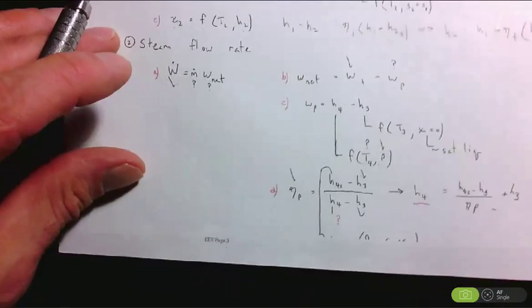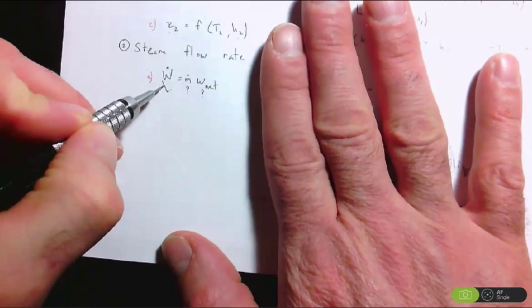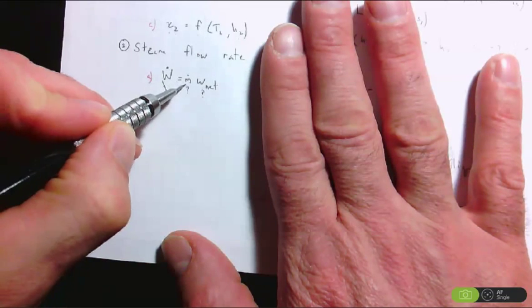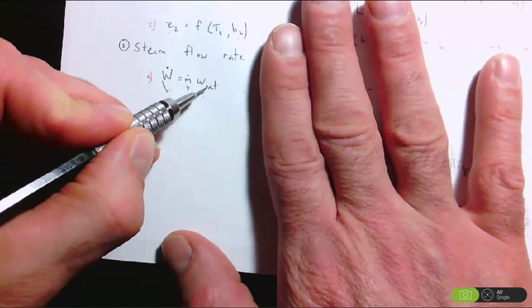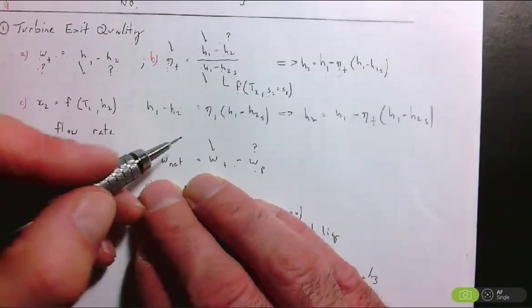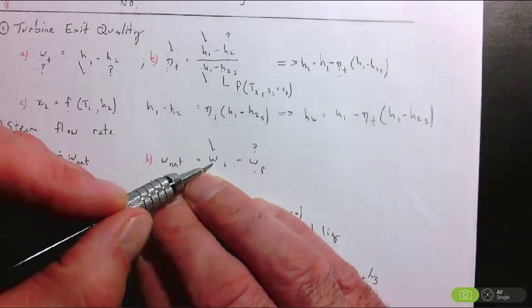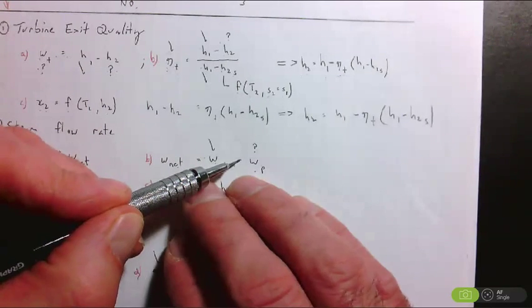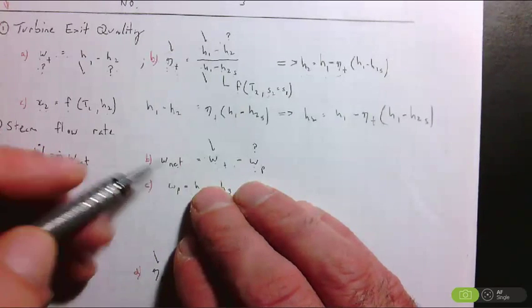Looking at the overall system, we can write that the total work output is equal to the product of the steam flow rate times the net specific work, where the net specific work is calculated as the specific work output of the turbine minus the specific work input into the pump, which we don't know.